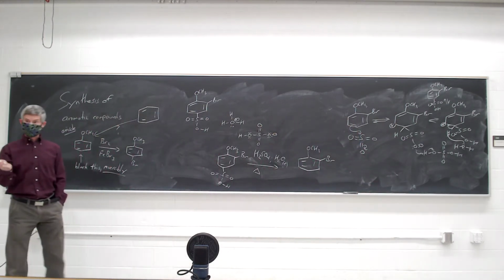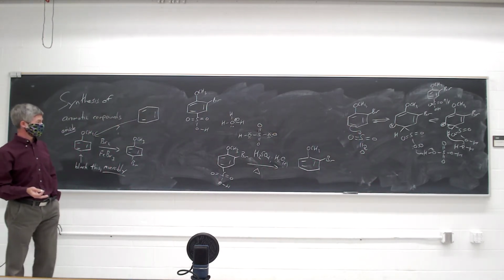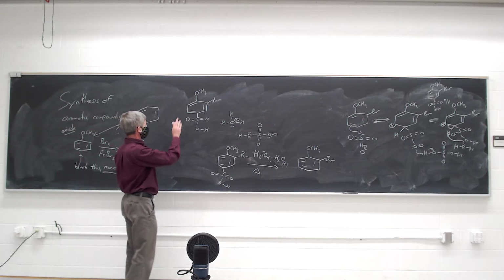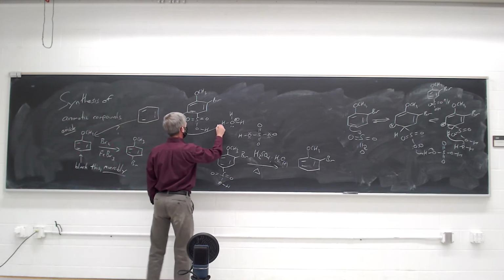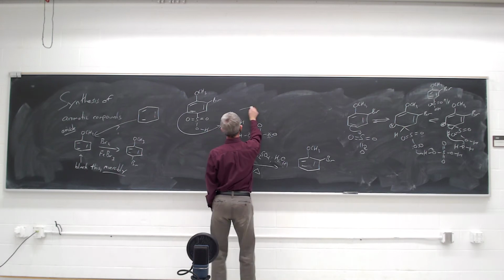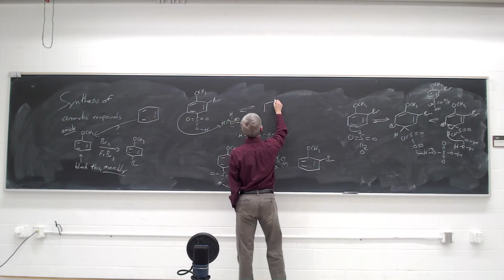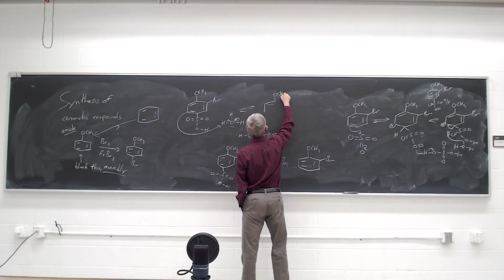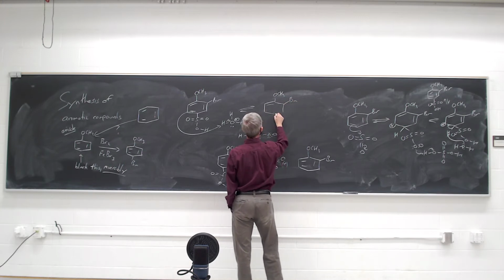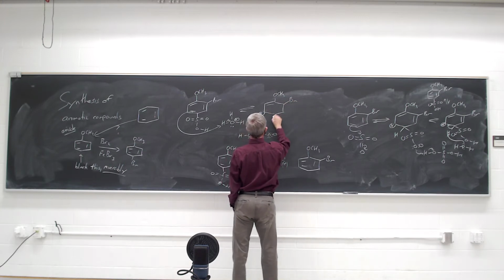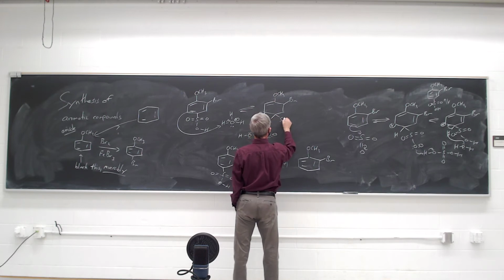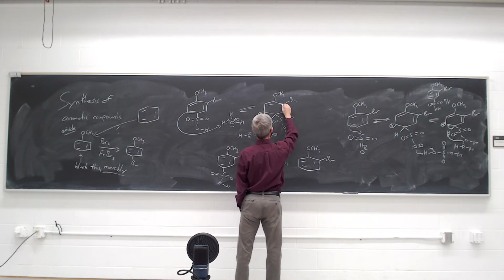Since the last step of the forward reaction was to take the proton off the benzene ring, the first step of the reverse reaction is going to be to put that proton on, to generate this intermediate.